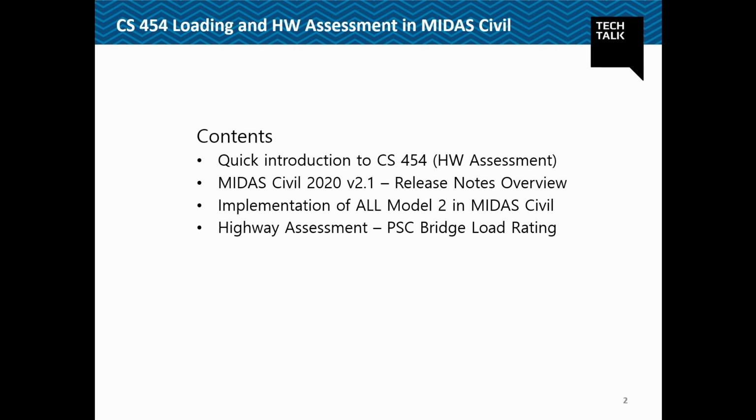We're going to skim quickly through some of the functions and focus on the highway assessment features. Then we're going to talk in a bit more detail about the implementation of the AOL Model 2 in Midas Civil, and we're going to finish with a highway assessment of a pre-stressed concrete bridge with low rating results.